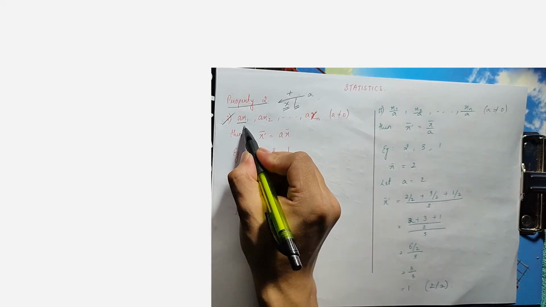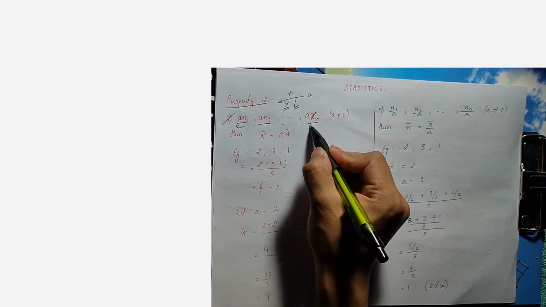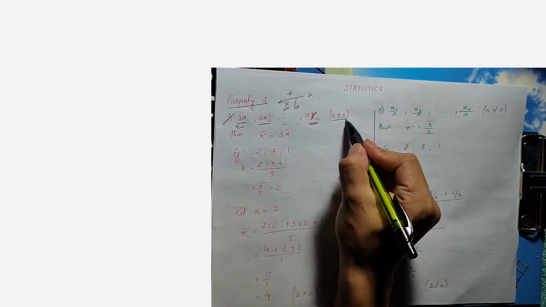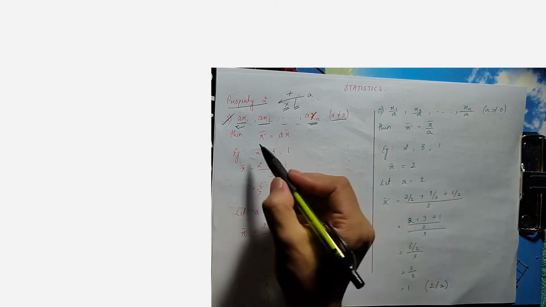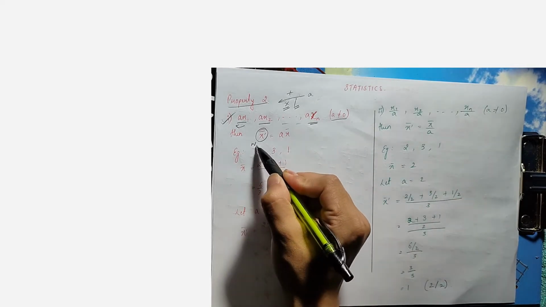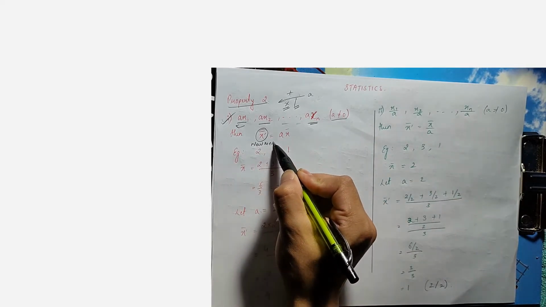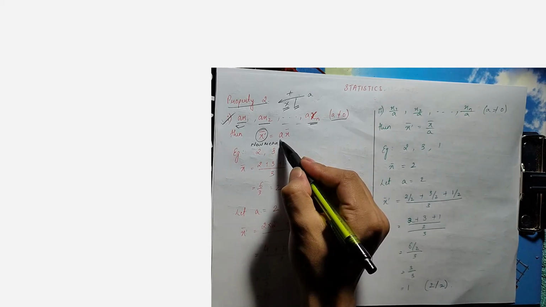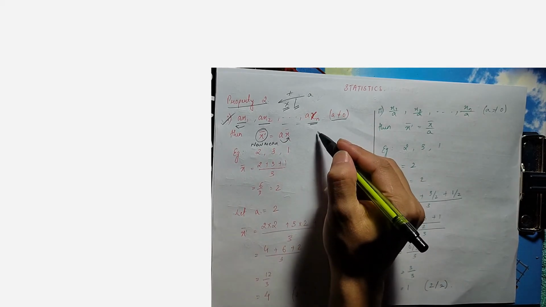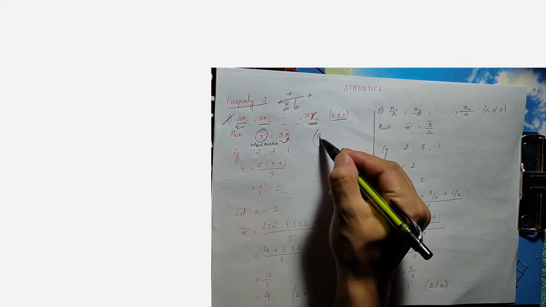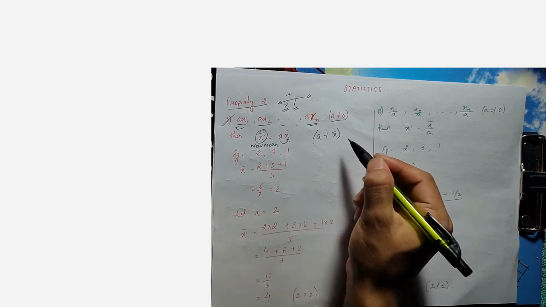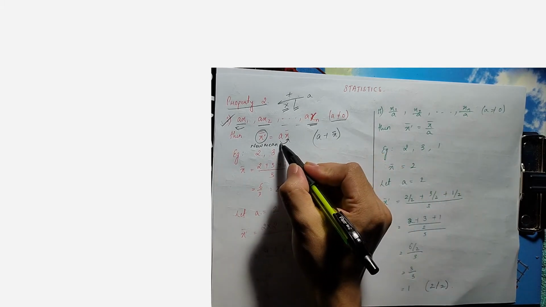If you multiply x1 by a, it will become ax1, ax2, and all the way up to axn. Please note, a cannot be equal to 0. Then your new mean will become a times the old mean. In the previous property we had a plus the old mean. This time we'll have a times.